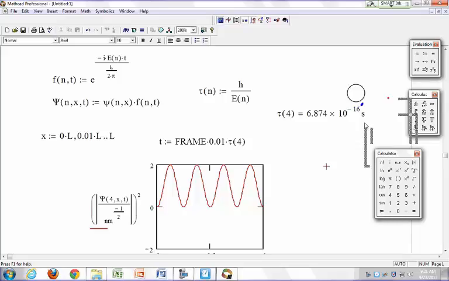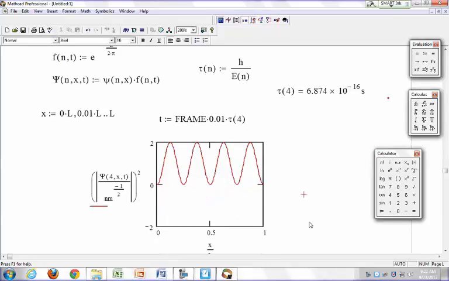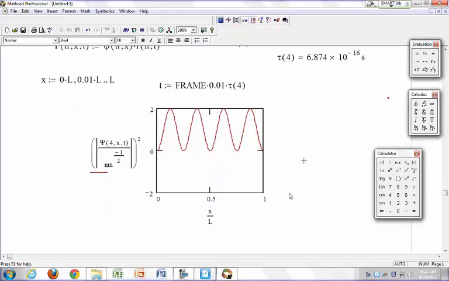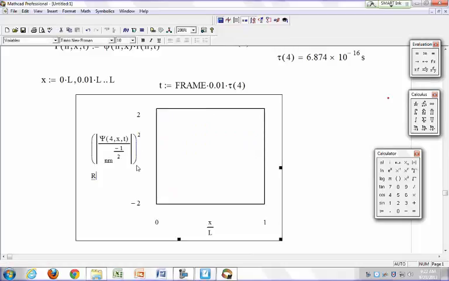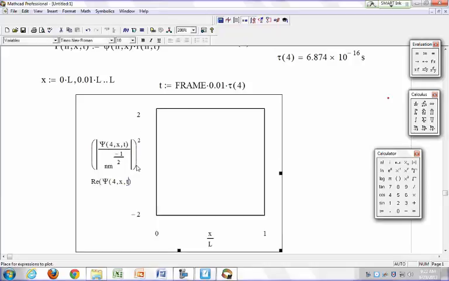That's 0.6 femtoseconds. So I'm going to advance my time from 0 all the way to tau for this one, okay? So let's see what happens here. In addition to this, I am going to plot the real part of psi, okay, for x, t. And what's the unit for psi itself?